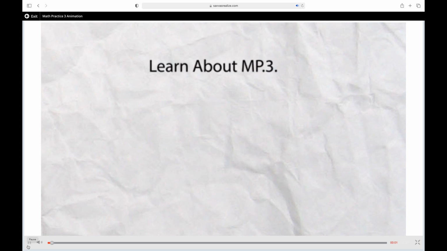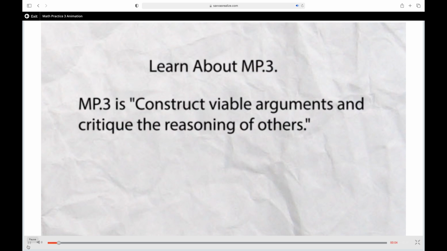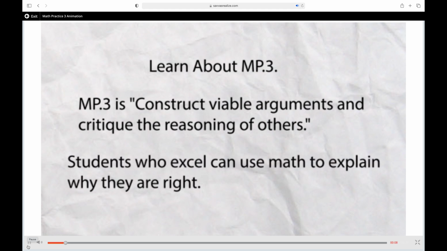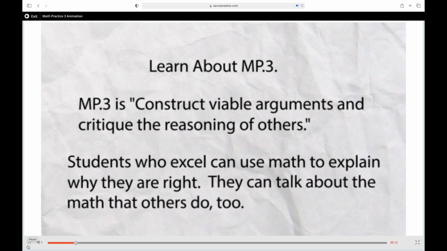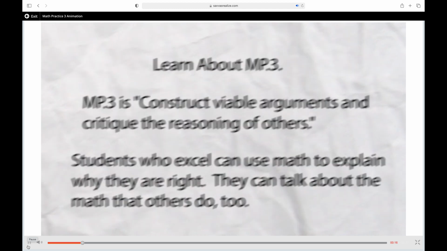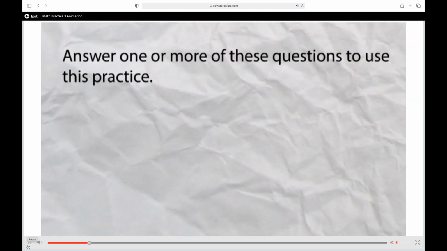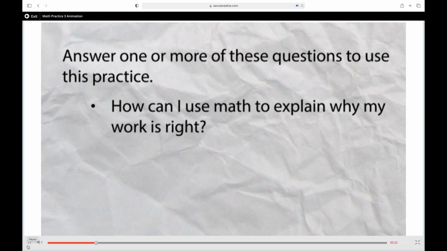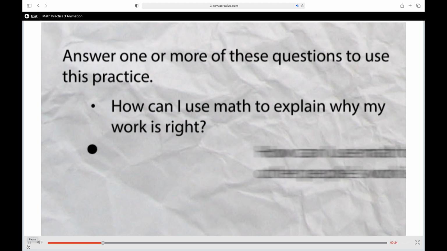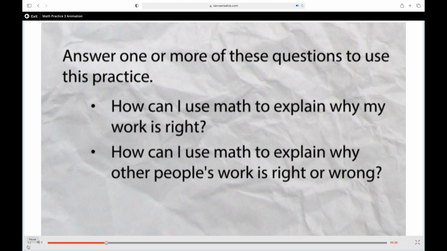Math Practice 3. Construct viable arguments and critique the reasoning of others. Students who excel can use math to explain why they are right. They can talk about the math that others do too. To use MP3, answer one or more of these questions. How can I use math to explain why my work is right? How can I use math to explain why other people's work is right or wrong?